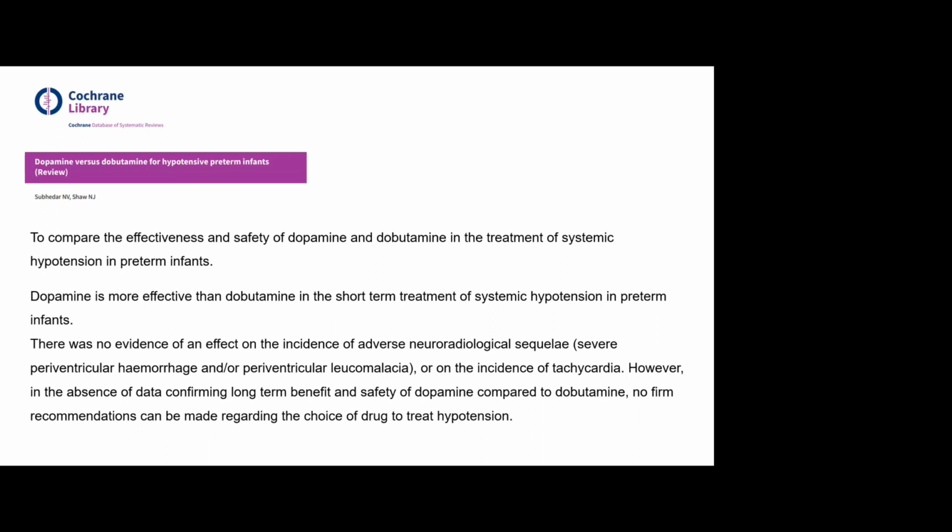But if you compare dopamine and dobutamine, there's no difference in the incidence of adverse effects, and also no difference in the eventual outcomes. So it's difficult to suggest that one drug is better than the other. However, if you just want to bring the blood pressure up, dopamine seems to be a better drug than dobutamine.